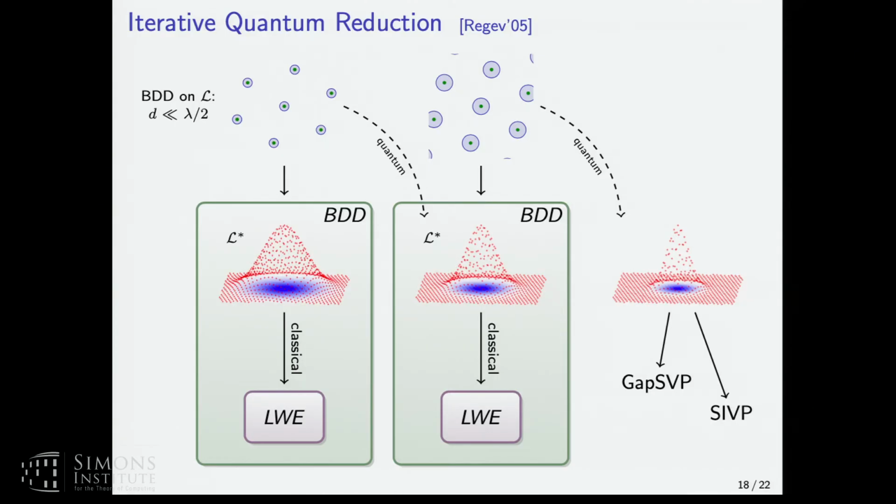Being able to generate very narrow Gaussian samples is more than you need to handle these problems. So this is the structure of Regev's quantum reduction. Very nice: just going back and forth between BDD and sampling, using one to solve the other better, and repeating until you get something very good at the end.